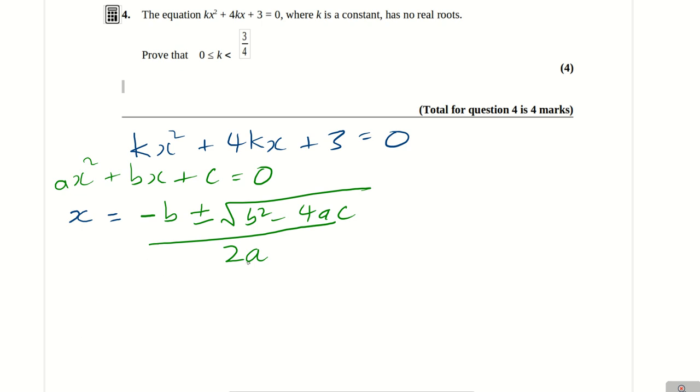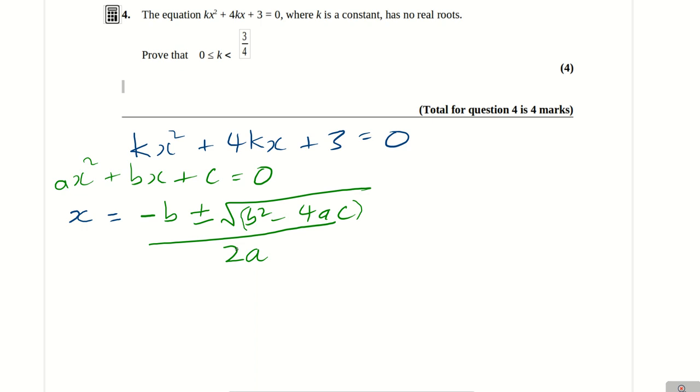Now the thing about this is we've got a square root here, and inside the square root there's this b squared minus 4ac term. Now if you try and take the square root of a negative number, your calculator will tell you math error, and we can't do it unless we start using complex numbers, which you might do if you go on to do further maths.